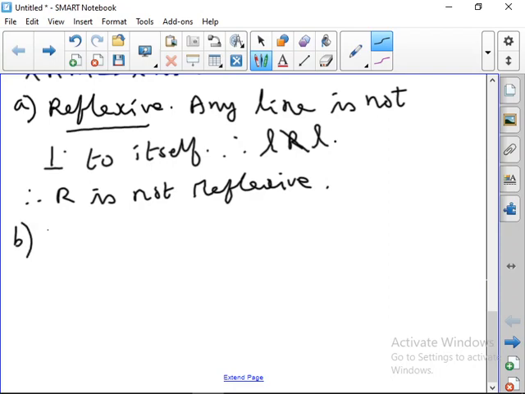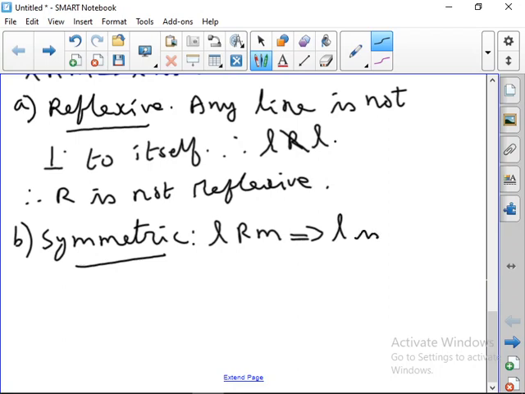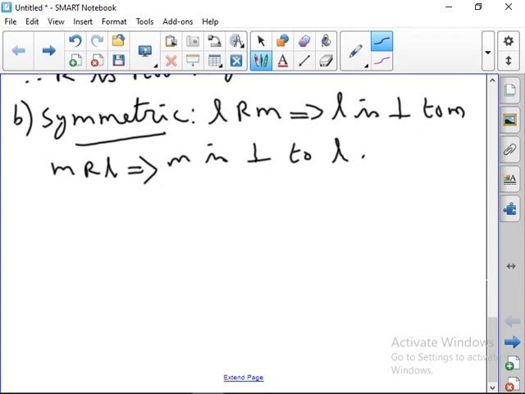So next one is symmetric. What about symmetric? L related to M means L is perpendicular to M. So M related to L means what do we have? M is perpendicular to L. Is it true or not?